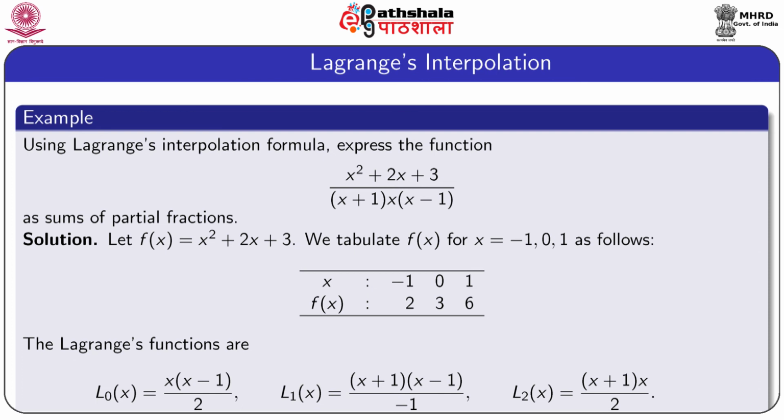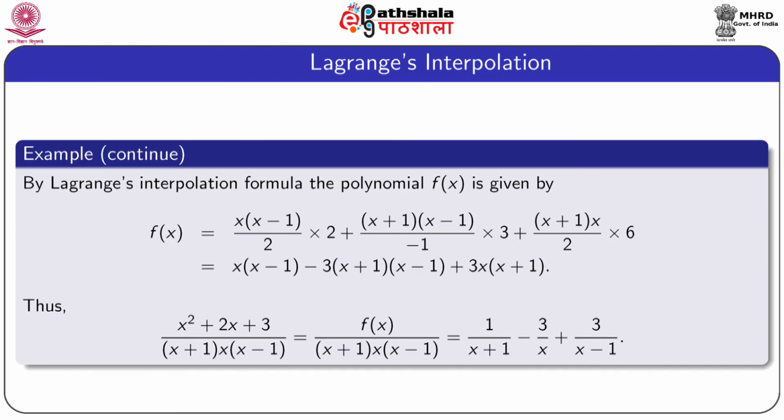Now, by Lagrange interpolation formula, f x is equal to x into (x minus 1) by 2 into 2, the 2 is the value of f at minus 1, plus (x plus 1) into (x minus 1) by minus 1 into 3, 3 is the value of f at 0, plus (x plus 1) into x by 2 into 6, the 6 is the value of f at x equal to 1.